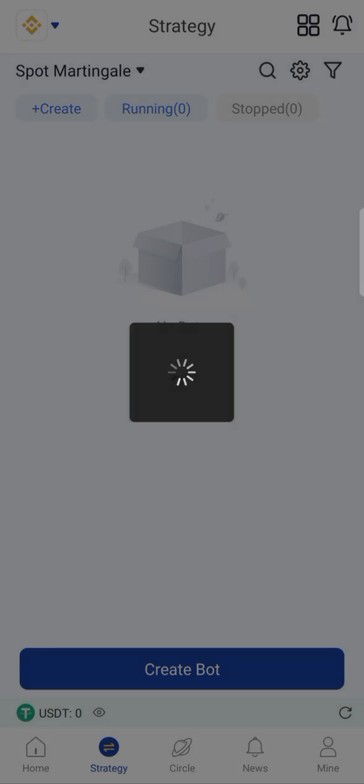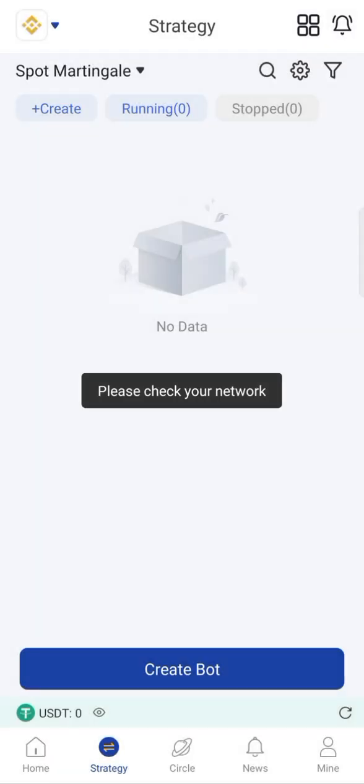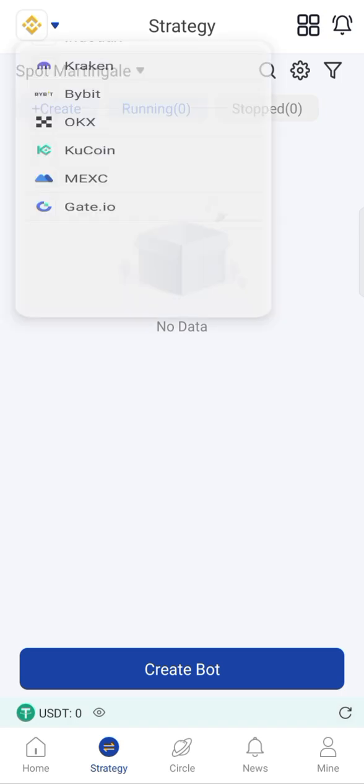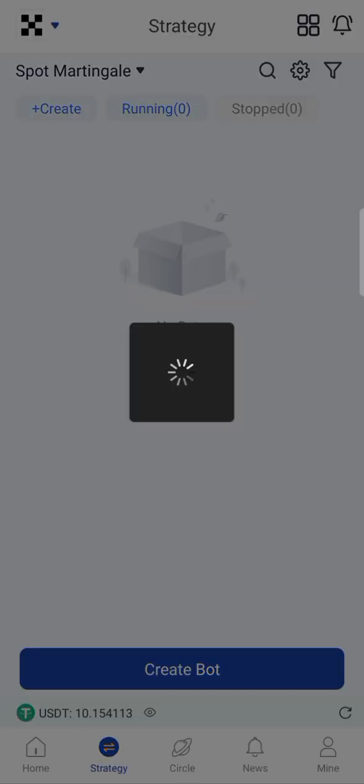If your money is on spot trading and you want to do futures trading, the robot cannot see your money. So you need to transfer your money from spot trading into futures trading, and the robot will be able to see your account and trade with it. That is in totality what spot trading and futures trading is about.